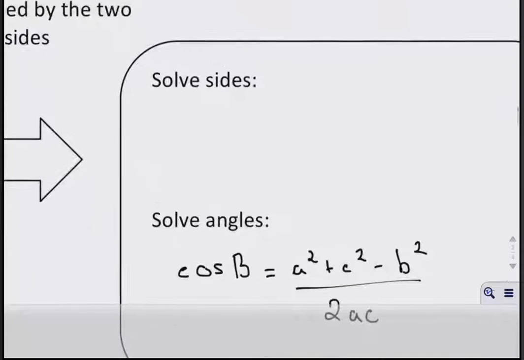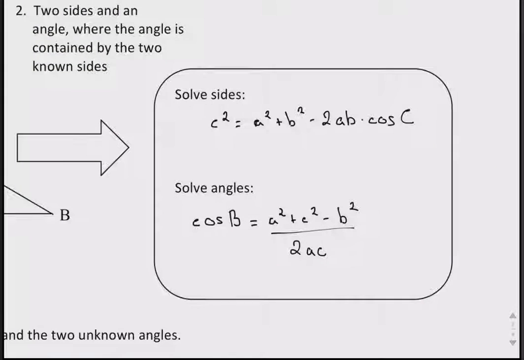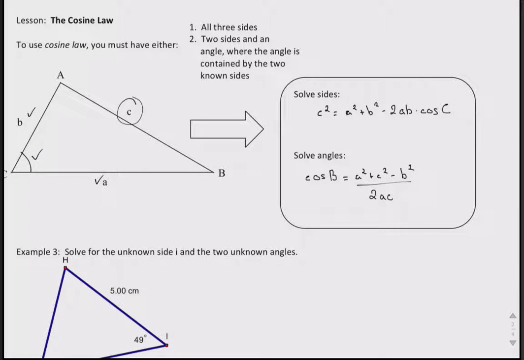The way I write the cosine law for this scenario is C squared equals A squared plus B squared minus 2 times AB times cosine of C. And those are the two versions of the cosine law that we have to work with.